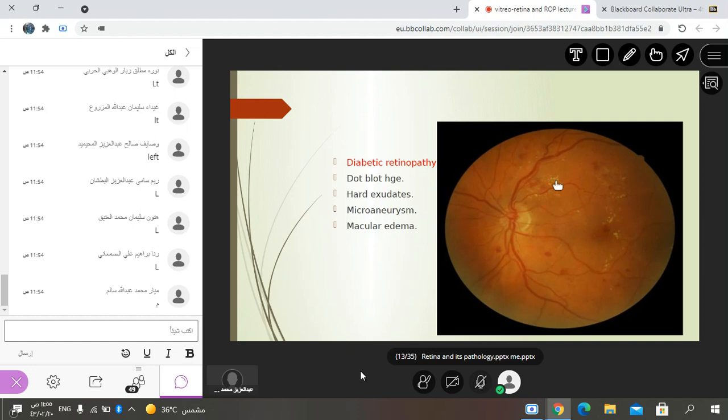What abnormality can you see? You can see there are yellowish deposits, and you can see there is a reddish deposition in the retina. These are what's called dot and blot hemorrhages, and these are what's called hard exudates. And we also have soft exudates, which we see commonly in microvascular occlusion, most commonly in hypertension, in some rheumatological diseases like SLE, and in some viral conditions like HIV.